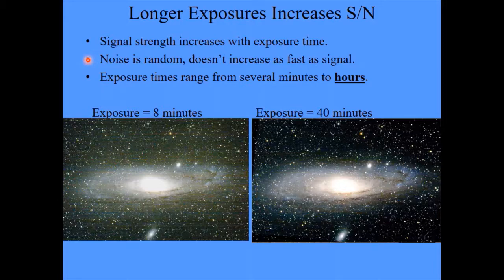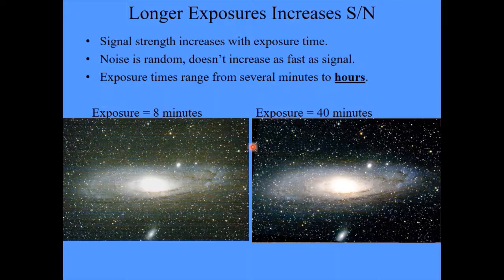So when you take a picture with your smartphone in bright daylight, the exposure is probably, I'm guessing, maybe 1/60th of a second, maybe even less. It's just a tiny fraction of a second. When astronomers take exposures at night, the exposure times range from several minutes to several hours.